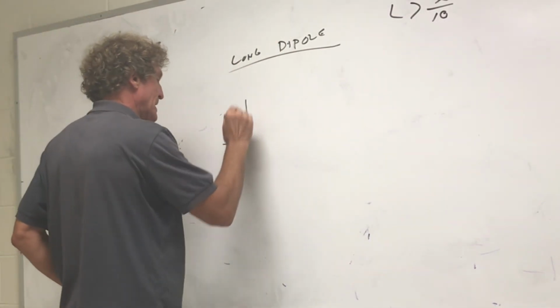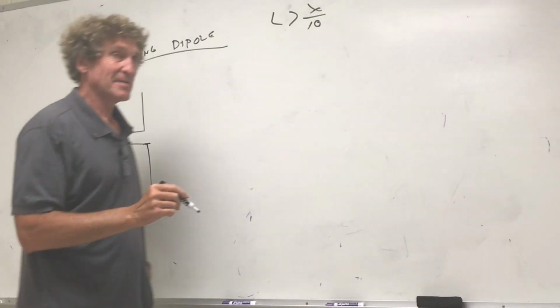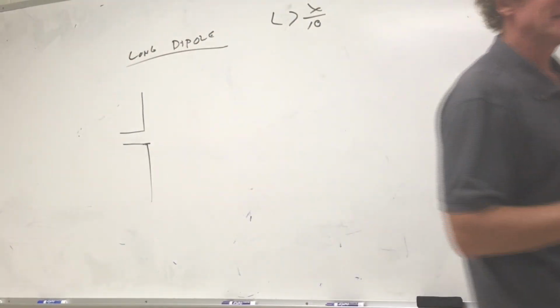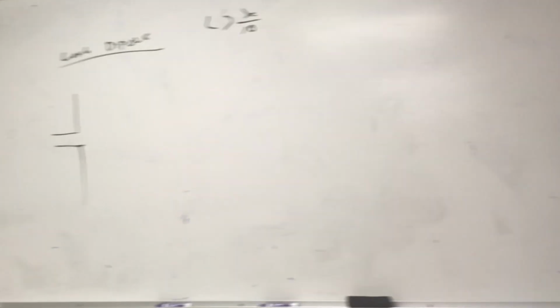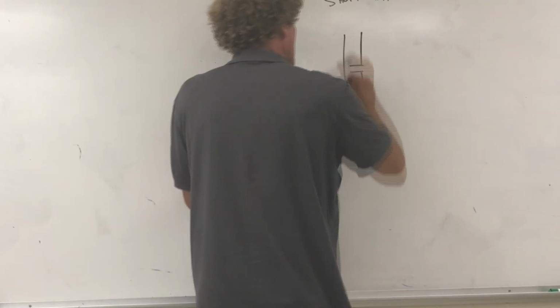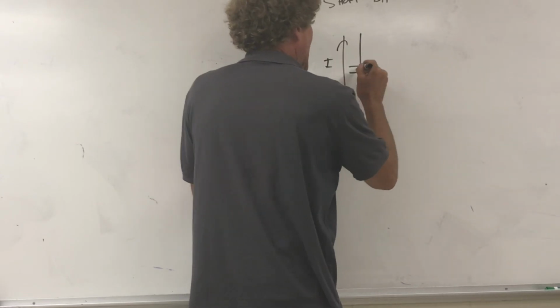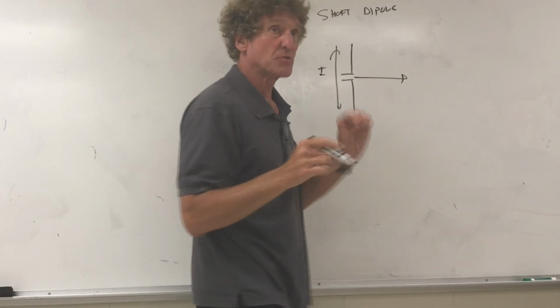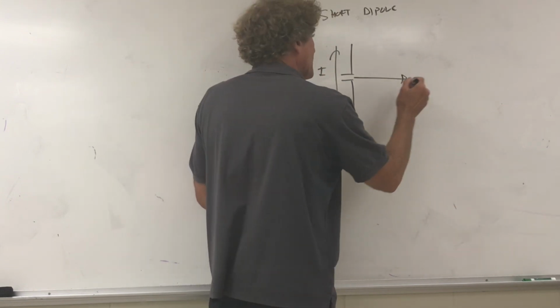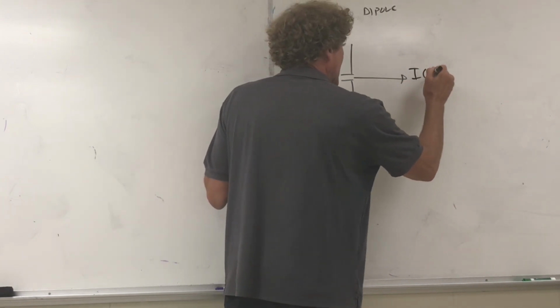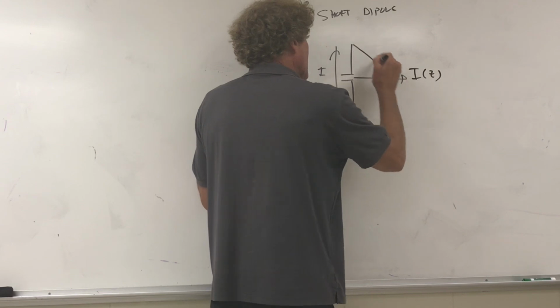For this one, we take a dipole. Let me just tell you one other thing about the short dipole that I forgot; I'm going to finish my thought on it. When you have a truly short dipole, the current profile, I as a function of z, would look like a triangle.